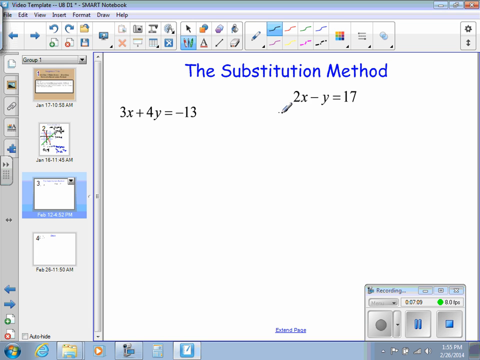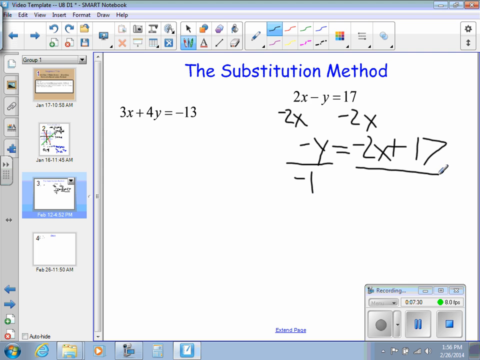So I'm going to subtract 2x from both sides of the equation, leaving me with negative y equals negative 2x plus 17. I'll deal with the negative by dividing by negative 1 on both sides of the equation.